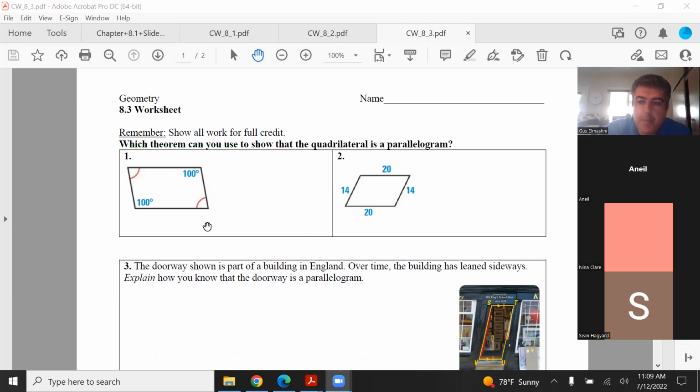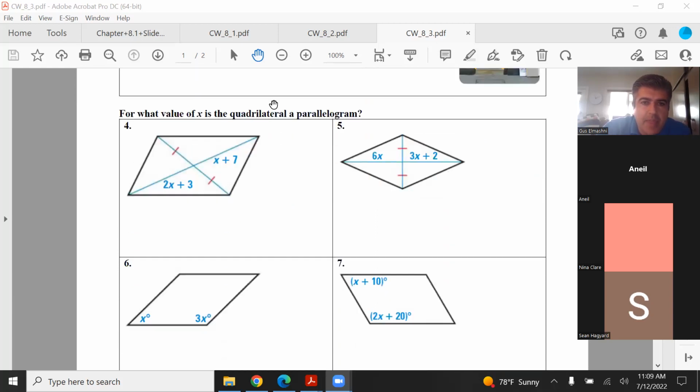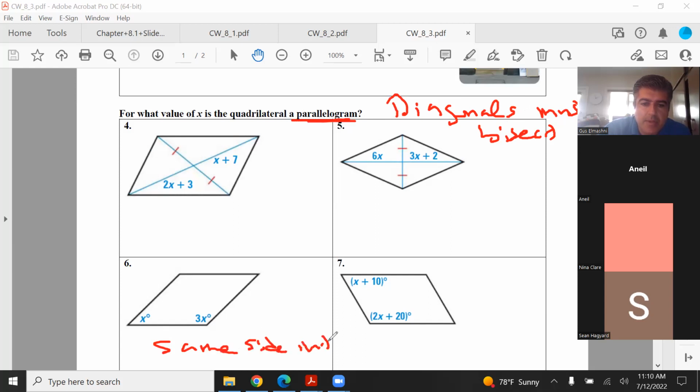Okay, let's keep moving. Now, if you want to make this a parallelogram, the diagonals must bisect. And also, same side interior angles add 180 degrees.